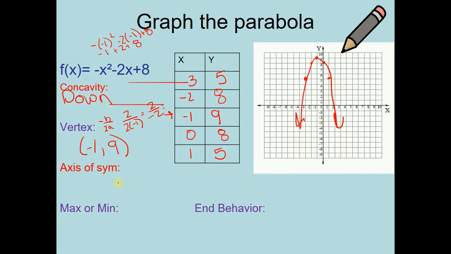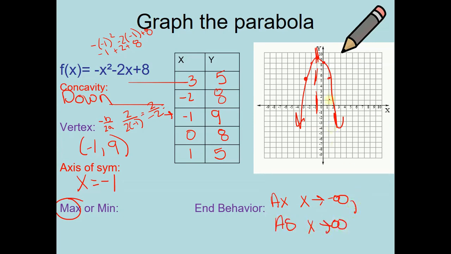My axis of symmetry, I can fold perfectly on right here, right down the middle, which is at x equals negative 1. I have a maximum, because it is upwards, right? My end behavior, remember there's two parts we want to know about: as x approaches negative infinity and as x approaches infinity.